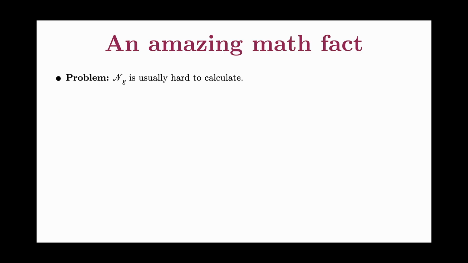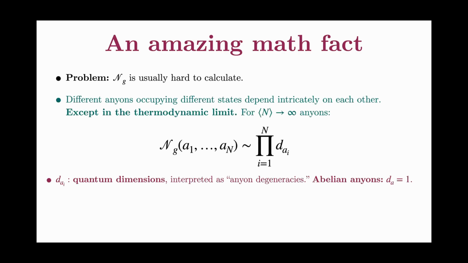Now, I can write this down formally, but there's an issue, which is that for finite numbers of particles, this math cal n is really hard to calculate. It's a very complicated object in terms of what are called modular S matrices, if you are familiar with the UMTC language. It turns out, though, that there's a neat trick that works surprisingly generally.